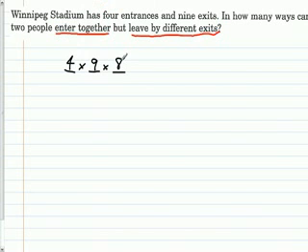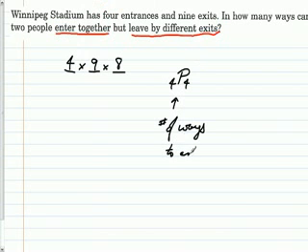Using the permutation notation, what we're going to have is 4 permutation 4, and this is the number of ways they can choose an entrance, number of ways to enter. Okay?